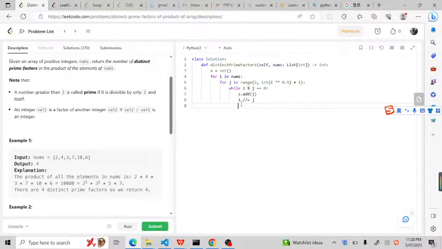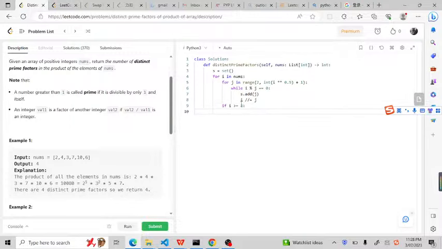We can do this as many times as we like, until at the end we need to check i. If i is greater than or equal to 2, we need to put i into our set. After that, I think we can return the result.